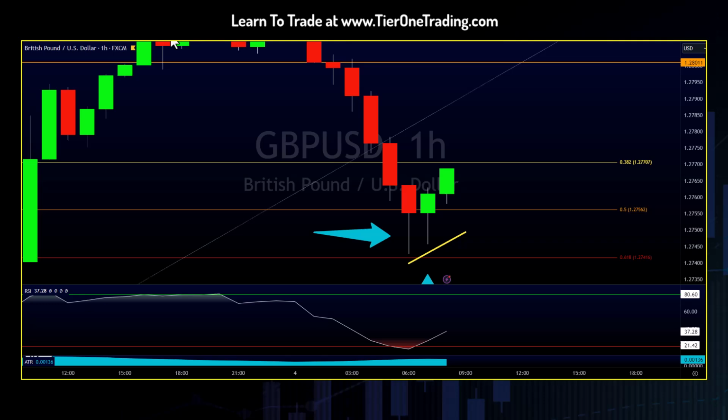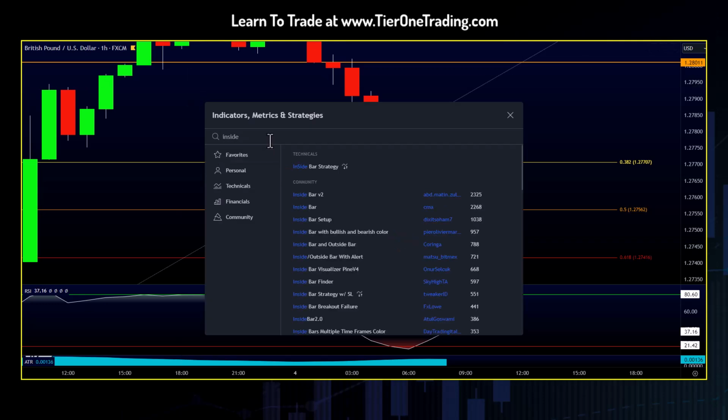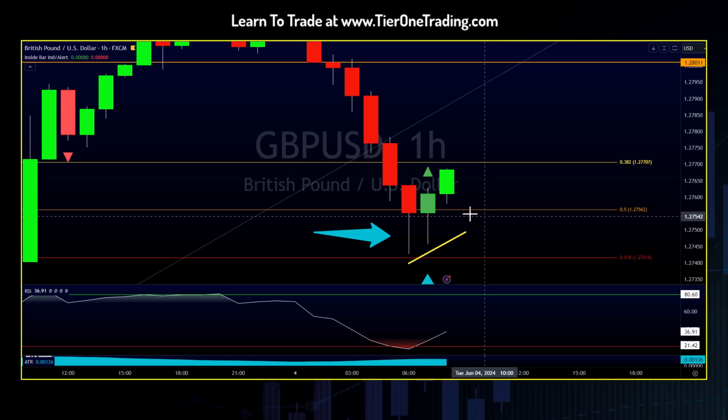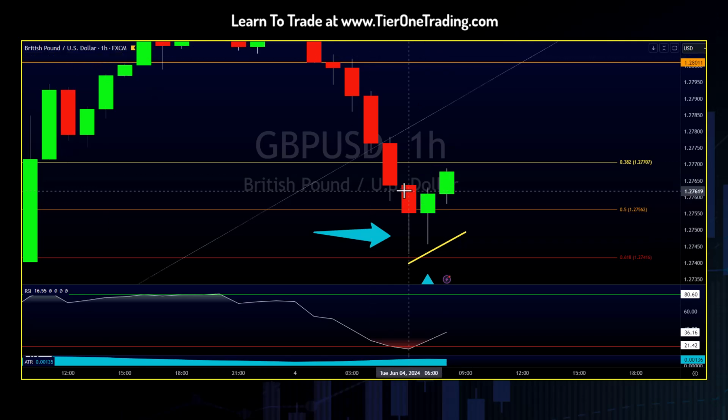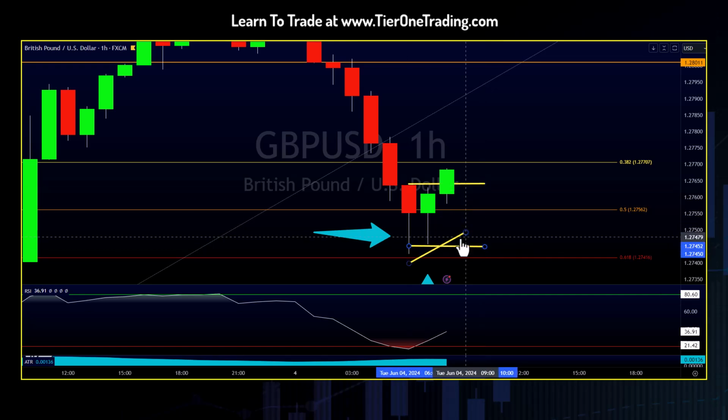And again, if your eyes aren't drawn to seeing these, just go to the little indicator menu and type in inside bar, and you'll get green arrows and red arrows whenever you see an inside bar. But an inside bar breakout is you would bracket the orders, right? You would put a buy order here and a sell order here. And whichever way the market breaks out, you would enter.